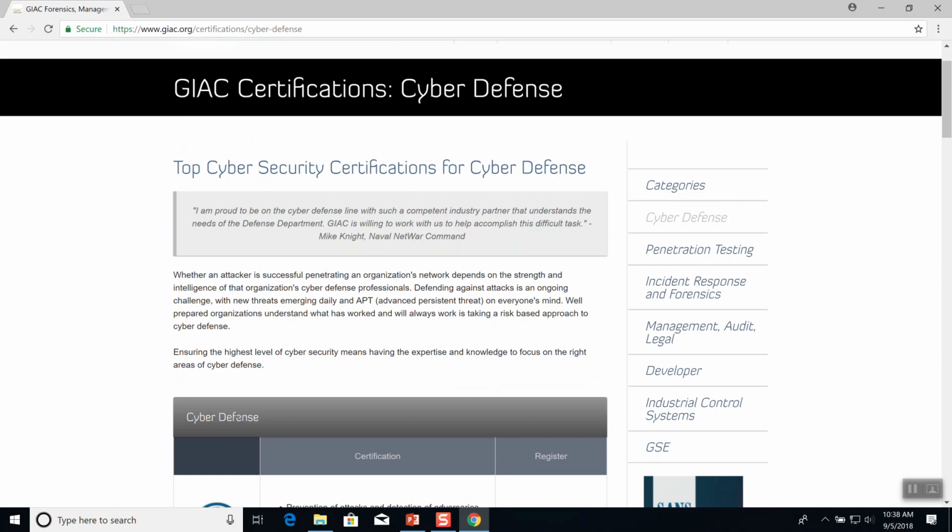In terms of community colleges, Rose State is the best one in terms of offering the classes and getting you ready for these certifications. But the NSA is working with the University of Tulsa. It was kind of weird. The NSA went to University of Tulsa, University of Tulsa didn't want to do the training, so they went to Rose State, and Rose State then coordinated the training.